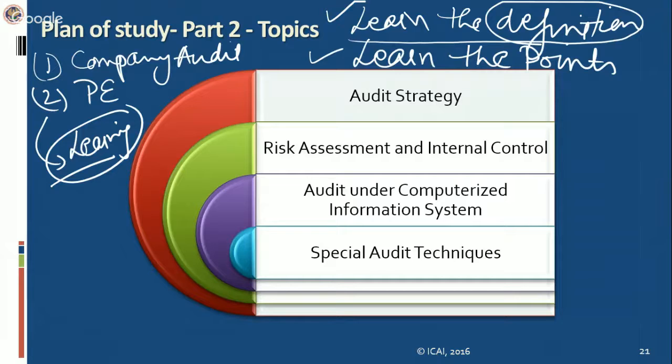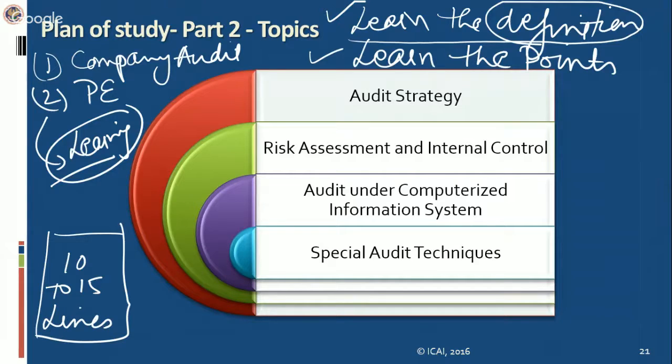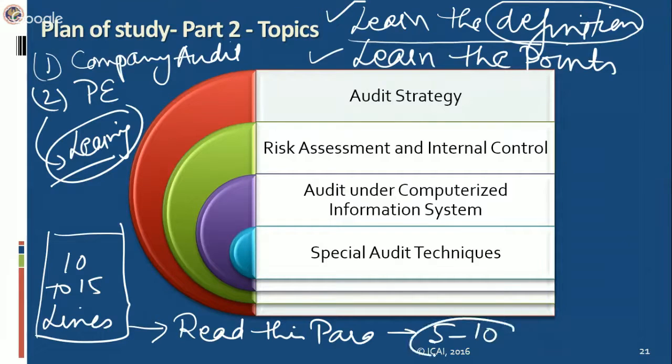Now, how to study? Student, if you come across, say, a paragraph of 10-15 lines written in the study material under a certain topic, read this paragraph at least 5 to 10 times, depending upon your convenience and understanding level.